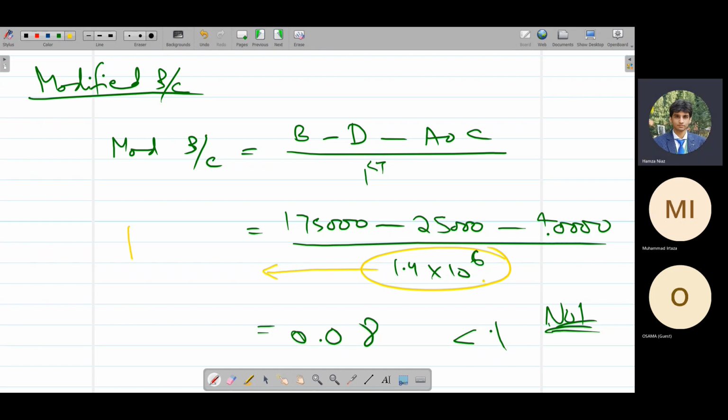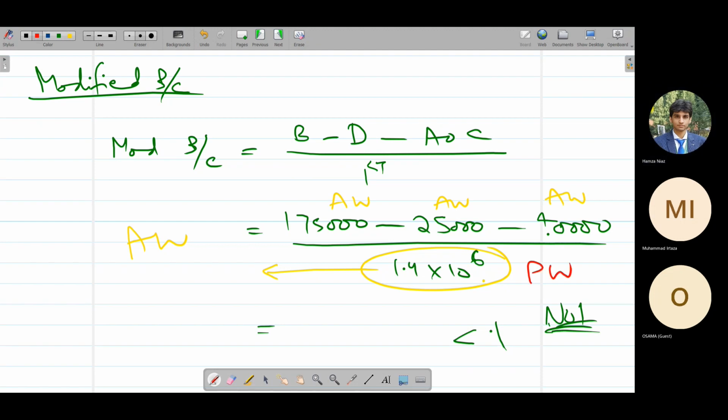We have to convert this into annual worth. That was a mistake, so I forgot. I was saying just a moment before that we are going to divide this annual worth. This is also annual worth. This is annual worth. This was present worth. We cannot use this as present worth. We cannot divide annual worth with any present worth. We are going to use this as annual worth.